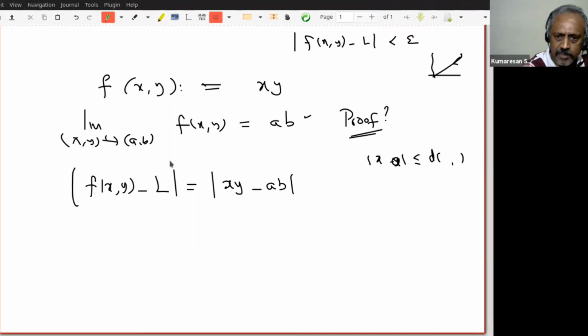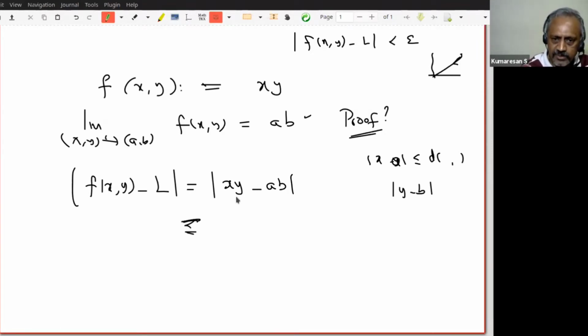Therefore x approaches a also. That means I know how to estimate mod x minus a, and similarly mod y minus b. If (x, y) approaches (a, b), I know how to estimate the distance between (x, y) and (a, b), and hence the distances between x and a and y and b. So I have to make use of that here.